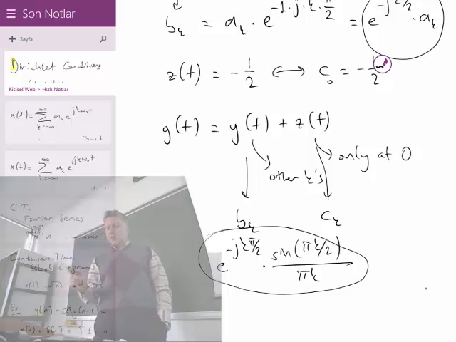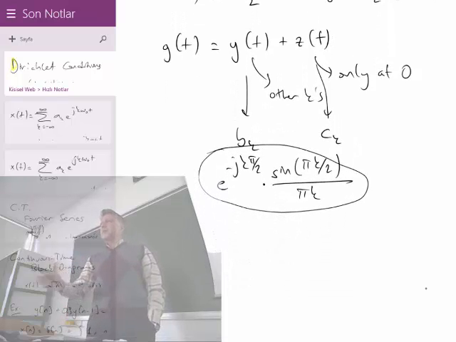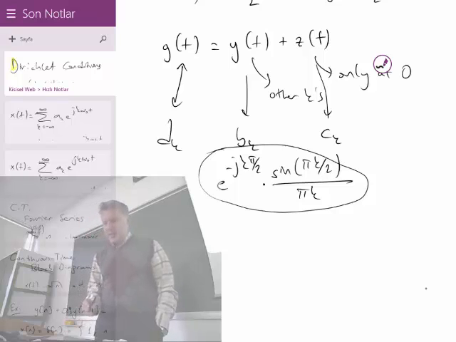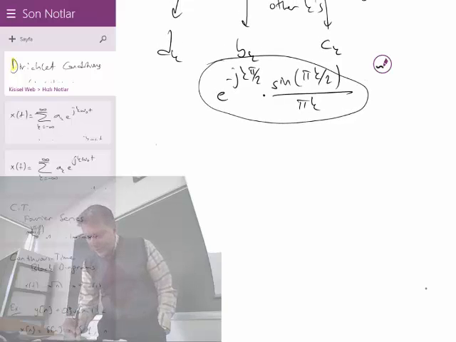And c_k is only valid at k equal to 0, which is c0. Let's forget about them because they cancel each other, and we will have the Fourier series coefficient of this one, d_k, equal to 0 at k equal to 0. So d0 is equal to 0.